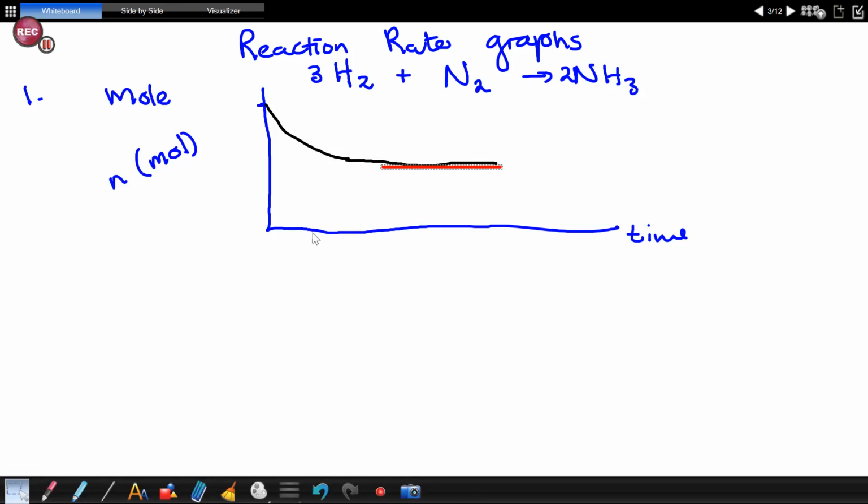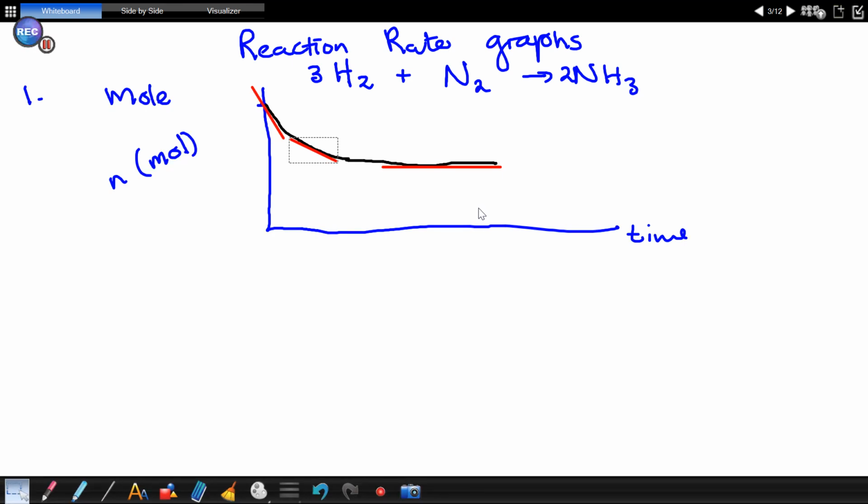Okay? A rate time graph. We start with a high rate. The gradient of the tangent to the graph, to the curve, is steep. And as we go along with the reaction, the rate of the reaction slows down. You can see the gradient is less and less steep as it reaches the end of the reaction.